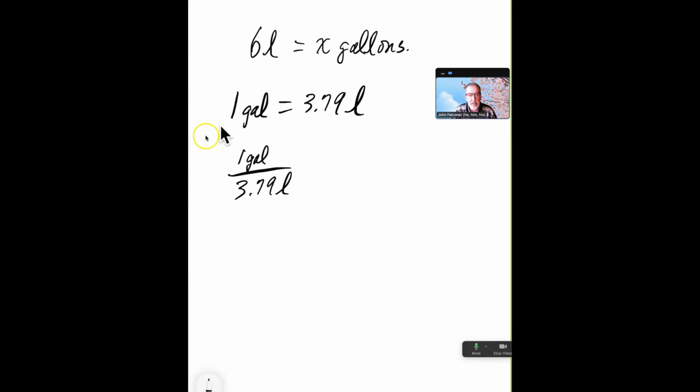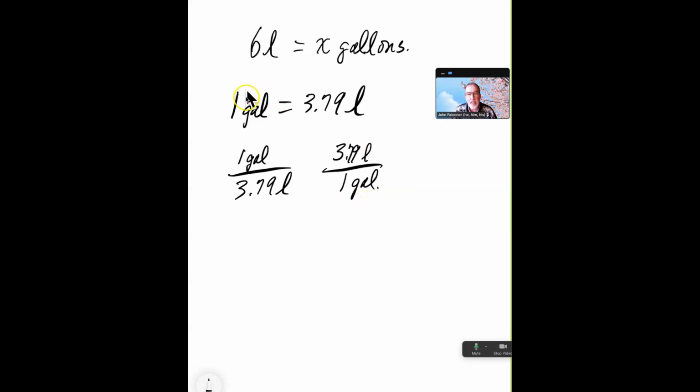So this is basically the equivalent of multiplication by 1. And this is also the same as 3.79 liters divided by 1 gallon. Okay, so these are equivalent terms, because 1 gallon is equal to 3.79 liters.